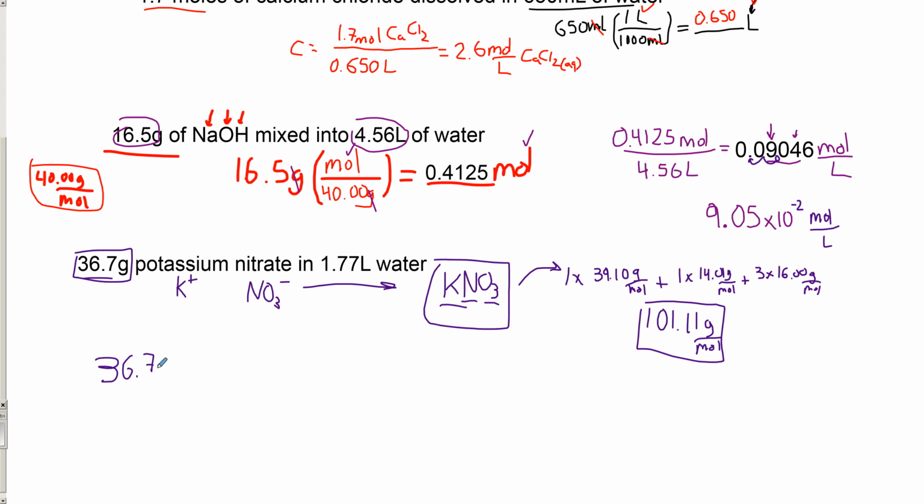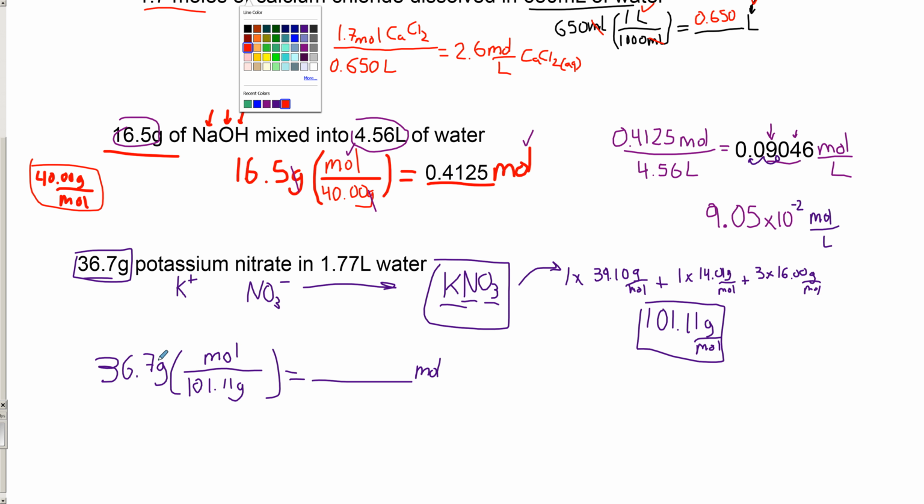Our intermediate answer needs to be in moles, so to cancel out grams, 101.11 grams goes on the bottom, and the unit moles goes on top. Grams on top and grams on the bottom cancel out. We verify that the only unit left standing is moles, and it is, so we're killing it.